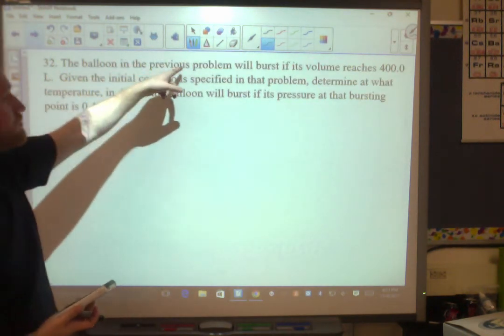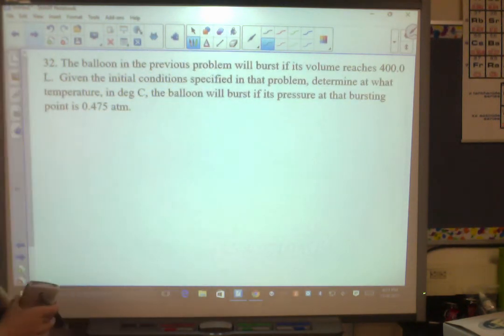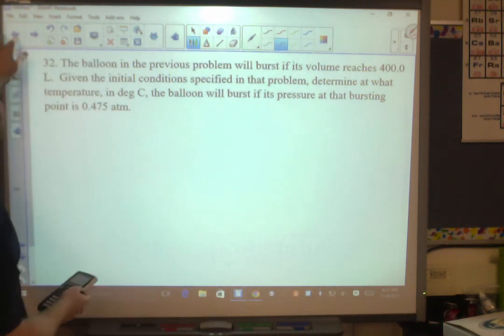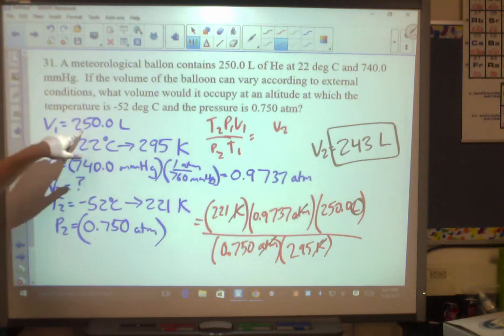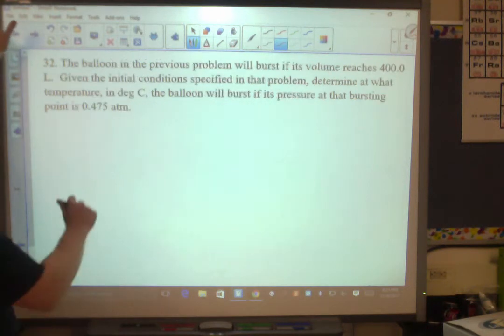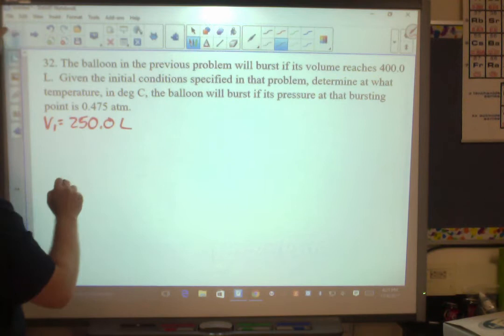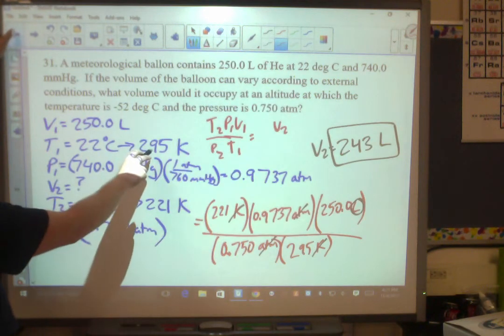The balloon in the previous problem will burst if its volume reaches 400.00 liters, given the initial conditions specified in that problem. So the initial is like the 111. Let's record those same as before. V1 is 250.0 liters. T1 is 295 Kelvin.